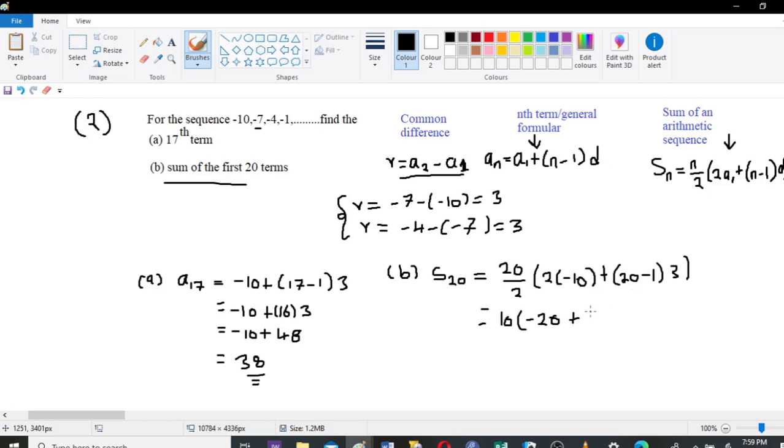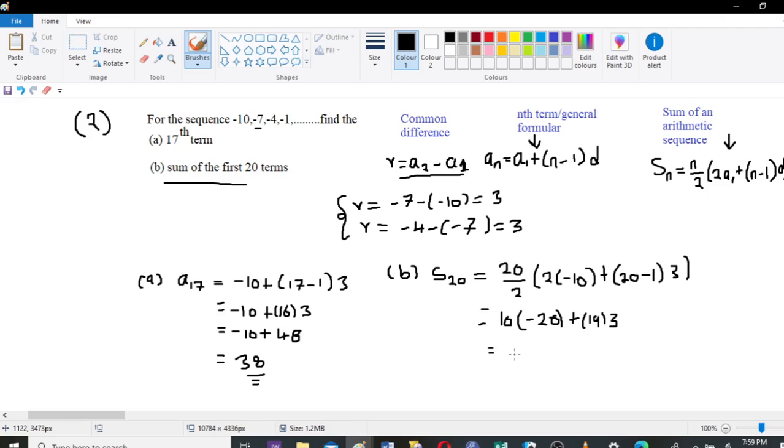20 minus 1, you have your 19 there. So you have 19 inside the brackets. Now this 19 has to be multiplied by 3, so you're multiplying 19 times 3, which will give you 57, right?